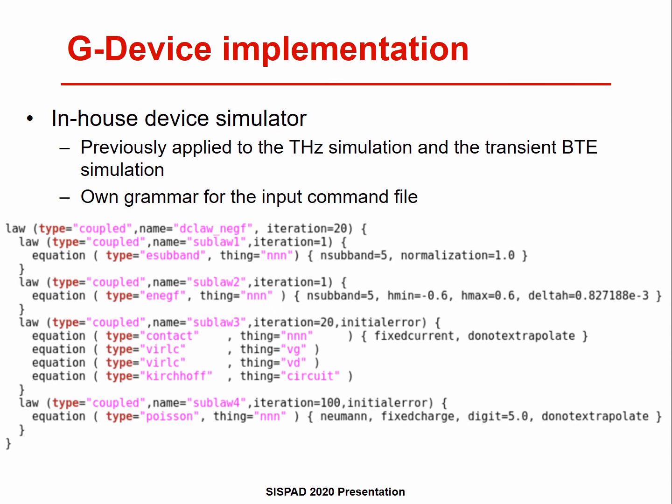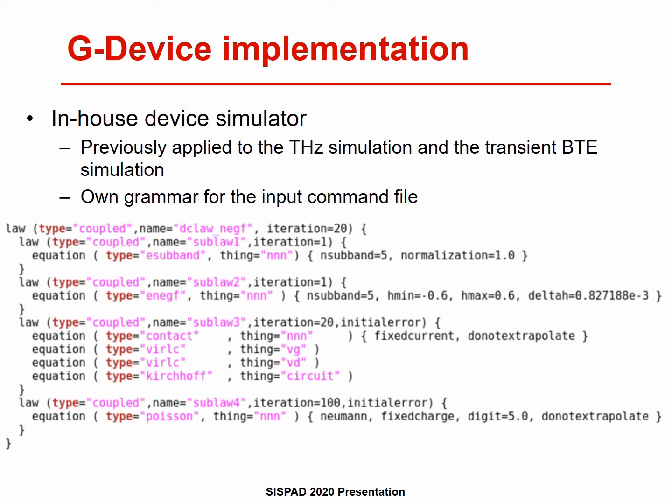The AC NEGF solver has been implemented in our in-house device simulator G-Device. It was previously applied to the terahertz simulation and the transient BTE simulation. It has its own grammar for the input command file.